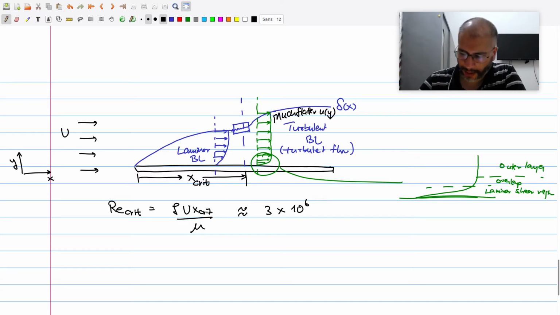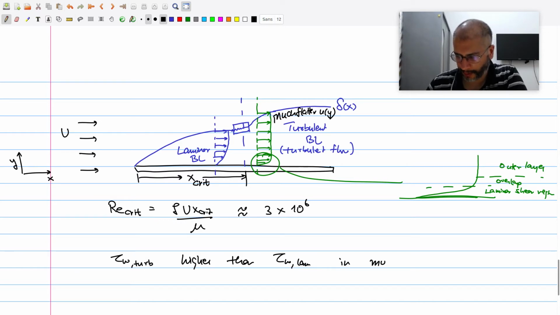Okay, so that means that the wall shear stresses in the turbulent boundary layers are typically higher than tau wall laminar in most of the region.